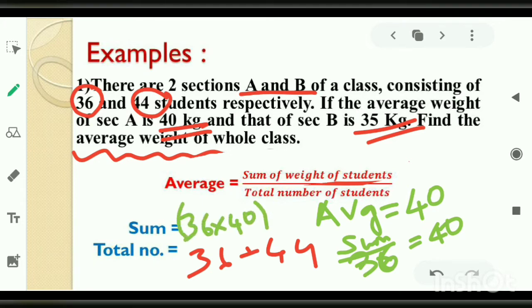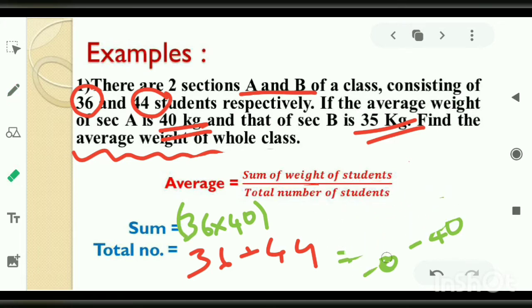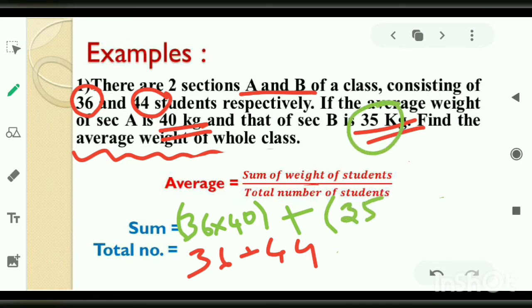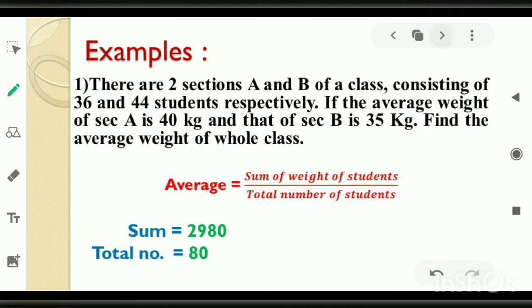Similarly, what is the sum of weight of students in section B? Average weight into number of students in section B, right? Good. So, the average weight is 35 kg, and the total number of students in section B is 44. Good. On simplifying, we'll get the sum of weight of students as 2980 and the total number of students as 80. Good.